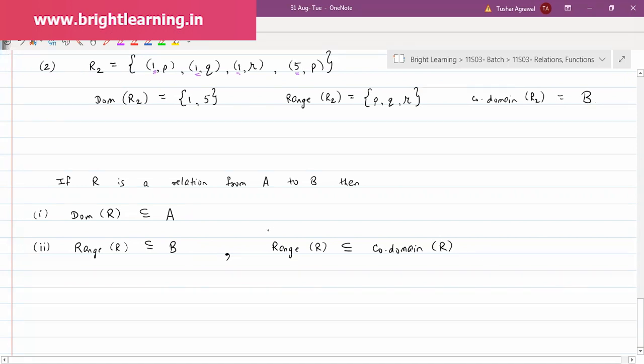What's new in that? The range of a relation is a subset of its codomain. This you should keep in mind.